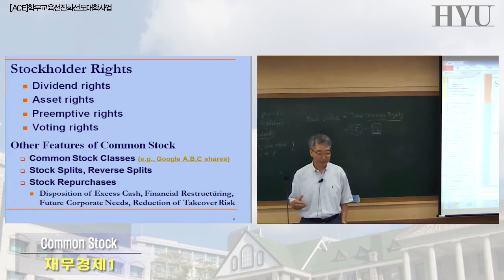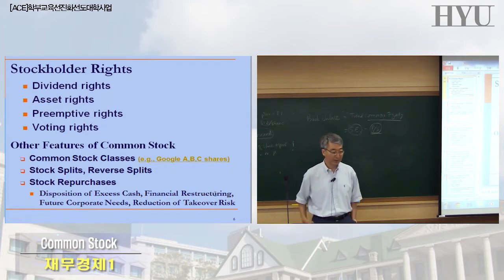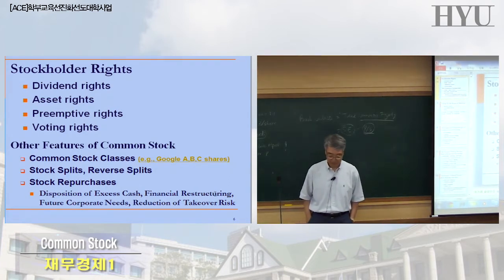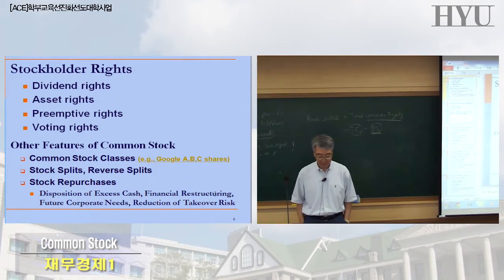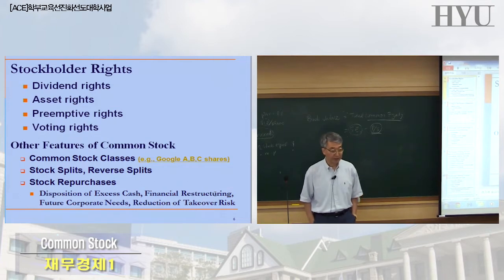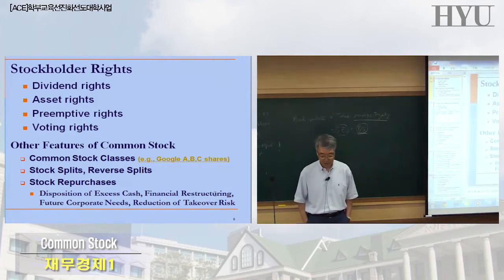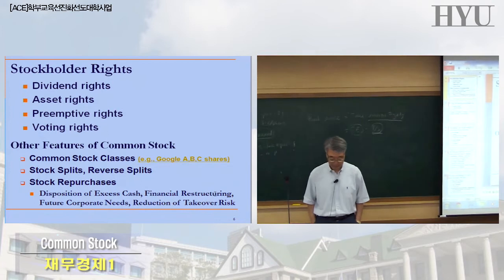So what that means is typically there will be nothing left. So asset rights are not very important for the stockholders. I don't think anybody expects these asset rights when they buy stocks of a company.